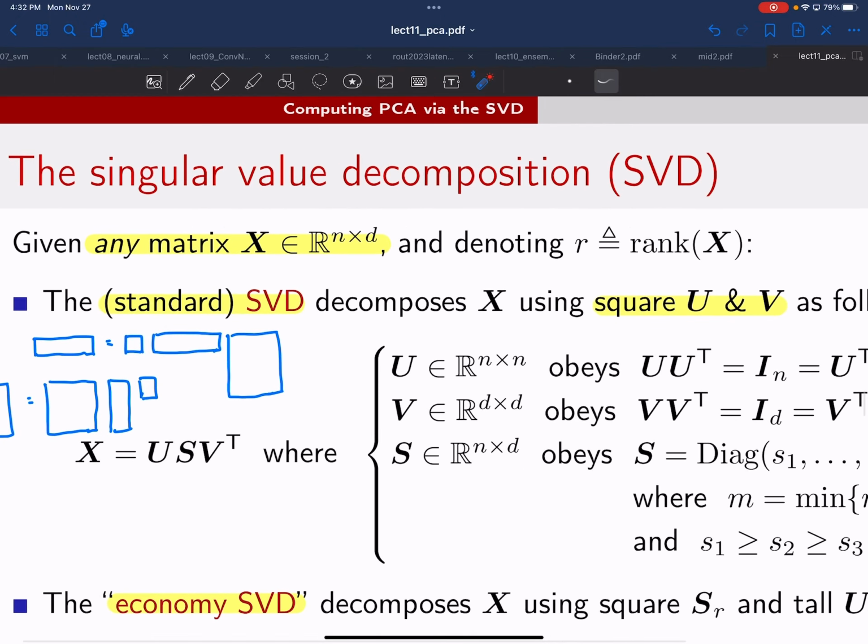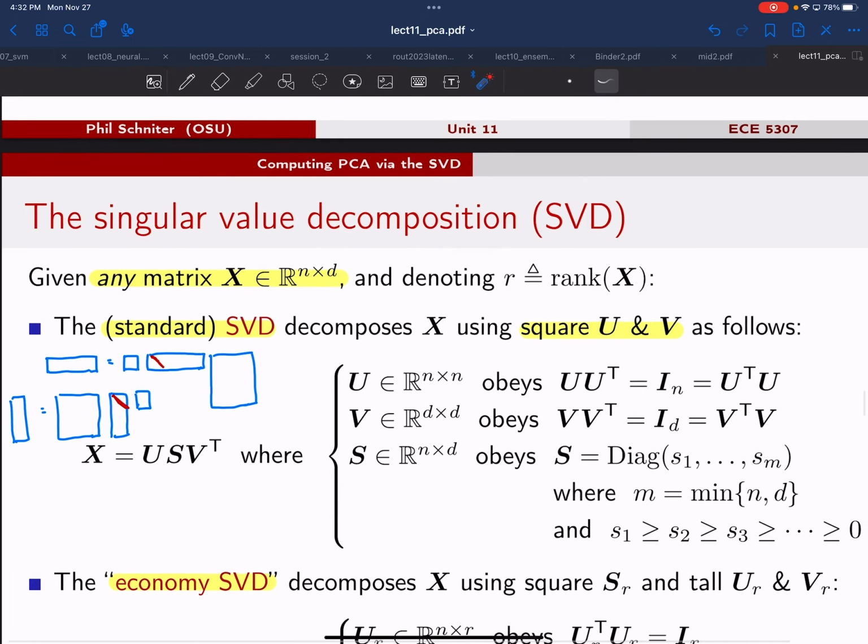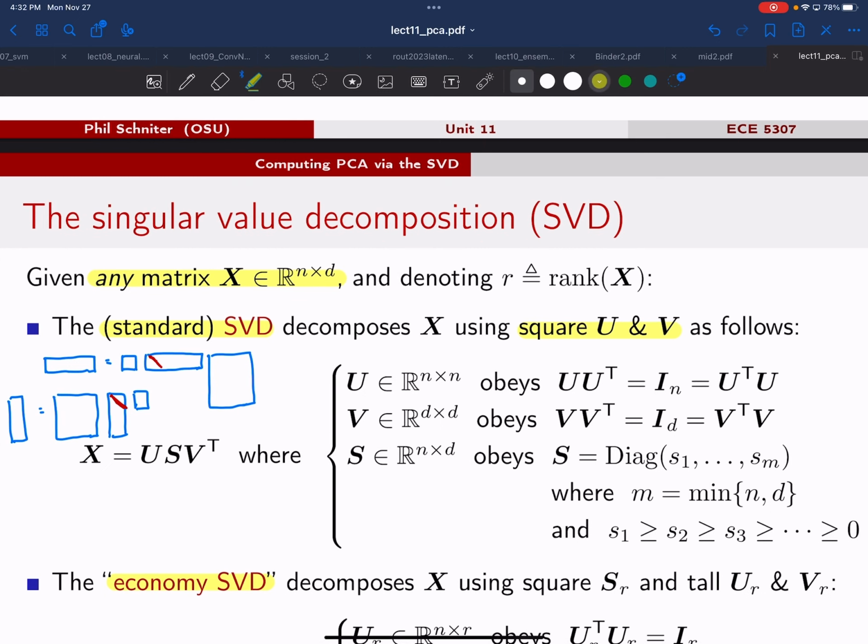Let me also emphasize that these middle matrices are diagonal, meaning there are possibly non-zero coefficients along that diagonal, but everywhere else is zeros. And importantly, U and V are orthogonal.